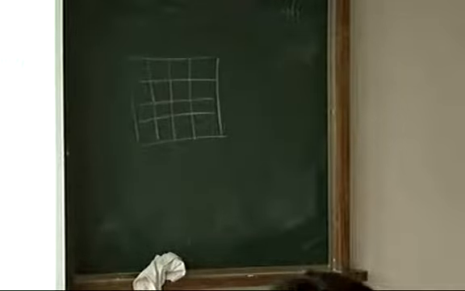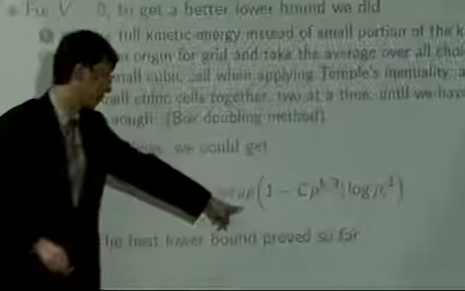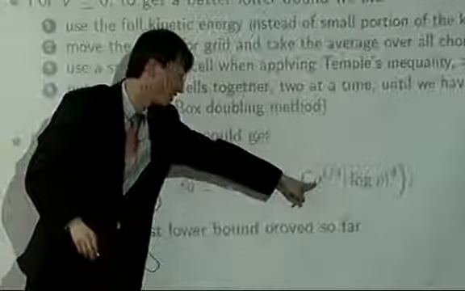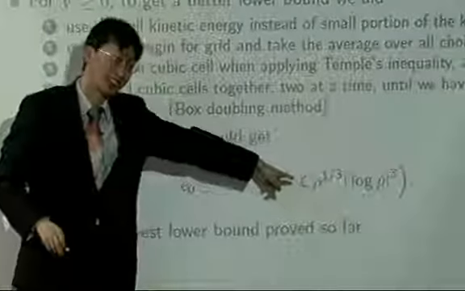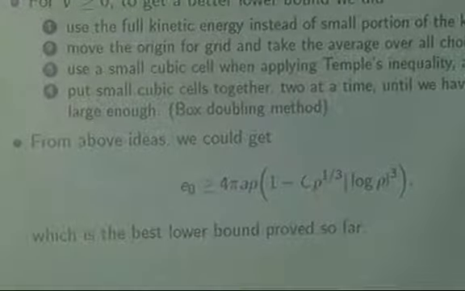But again, that's just technical difficulty. From these new ideas, we could prove the lower bound is 4 pi rho times 1 minus c times rho to the 1/3, instead of the optimal result of 1/2 times some rho. What is rho?